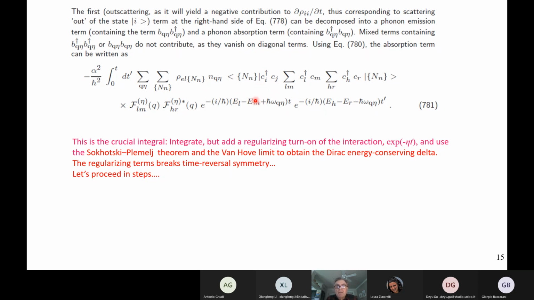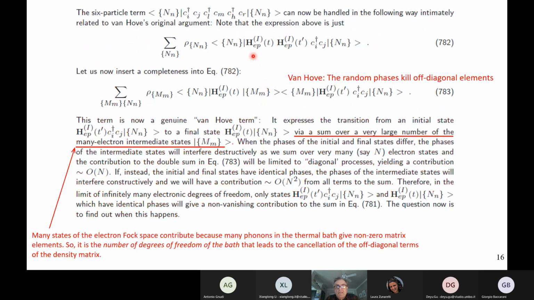So we can simply express it in terms of the eigenvalues of the various states I, J, L, M, and so on that we have here. And the net story will be how to perform this integral in a way that simplifies this expression and reduces to the Fermi golden rule.